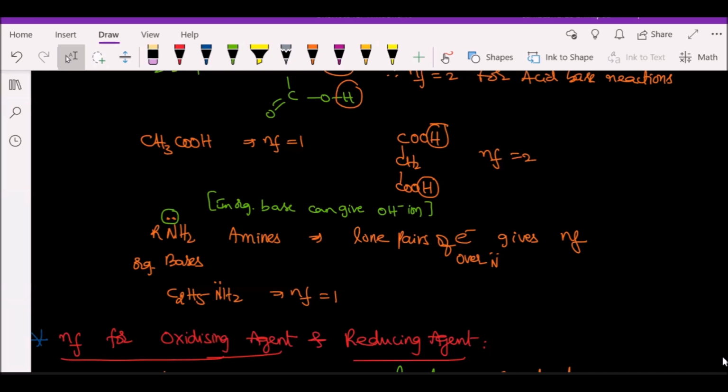If it is a base, it is the number of OH minus replaceable, or the number of lone pairs available over nitrogen, that we call N factor. But if it is an oxidizing agent or reducing agent, these old definitions and old concepts are not useful at all.